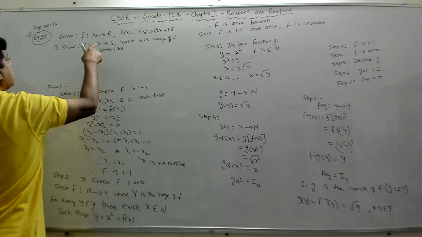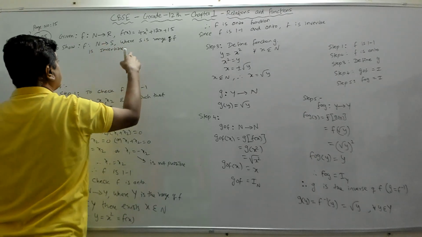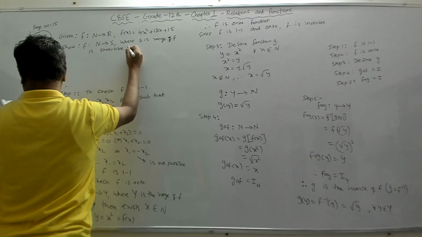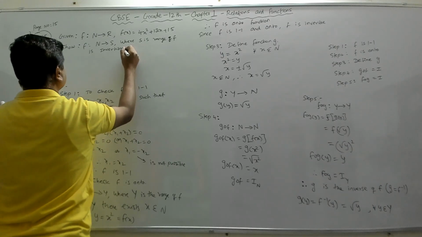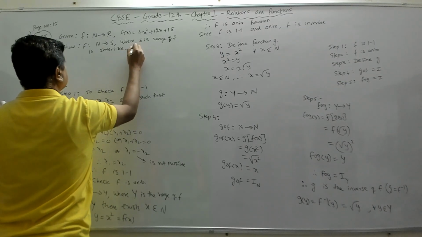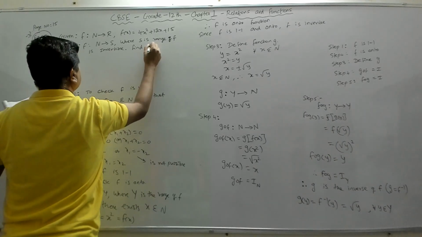So this function f, which is from N to S, we have to show that it is invertible. Find f inverse. Find the inverse of f.